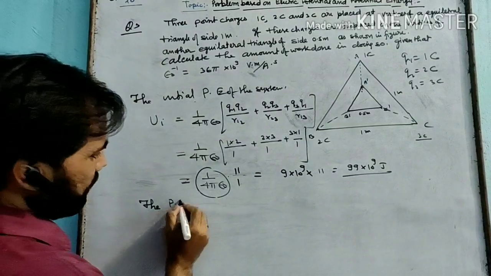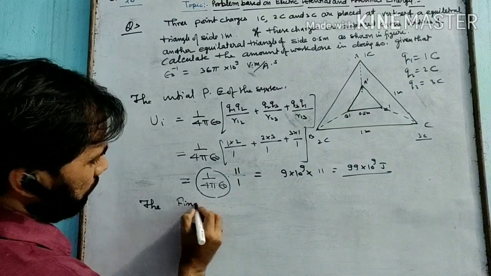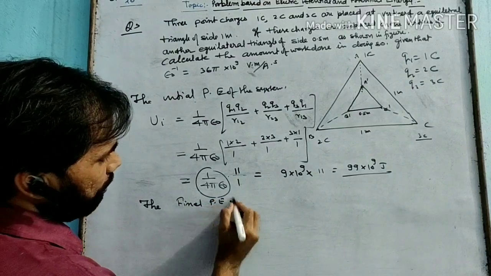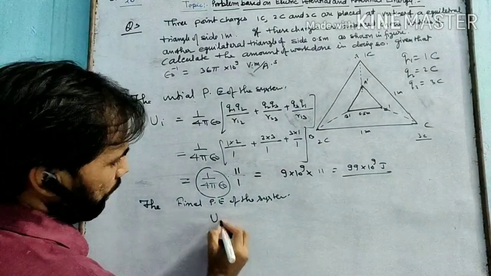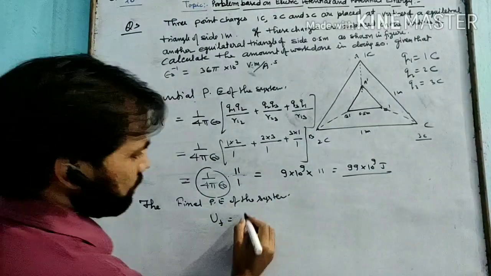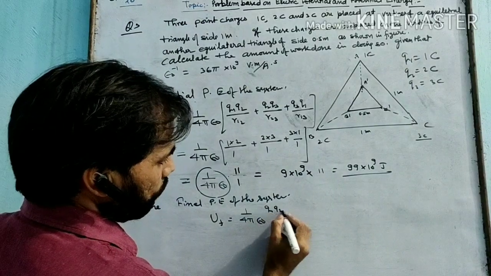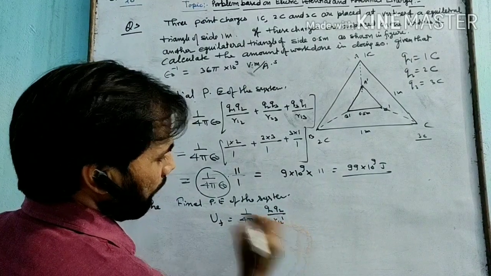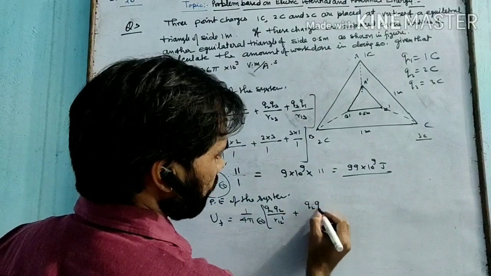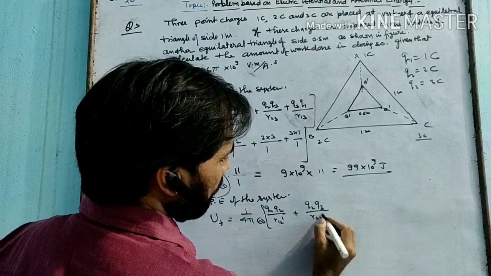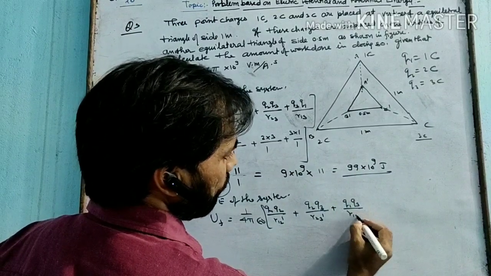The final potential energy of the system, that is UF, is equal to 1 upon 4 pi epsilon 0 into q1 q2 upon r12 dash plus q2 q3 upon r23 dash plus q1 q3 upon r13 dash.